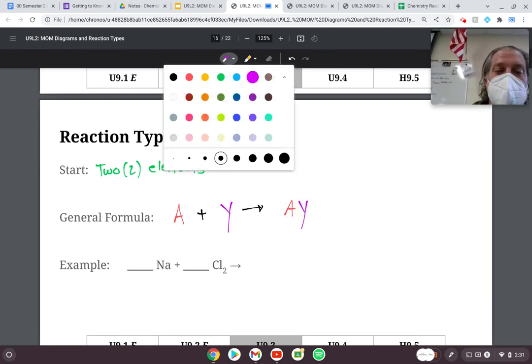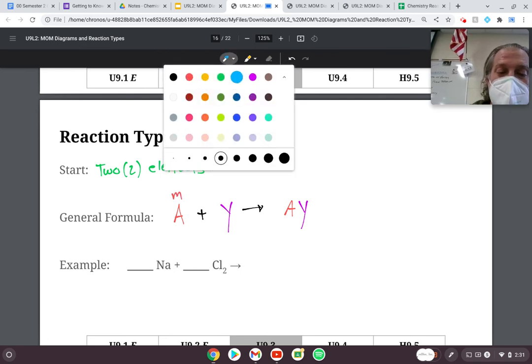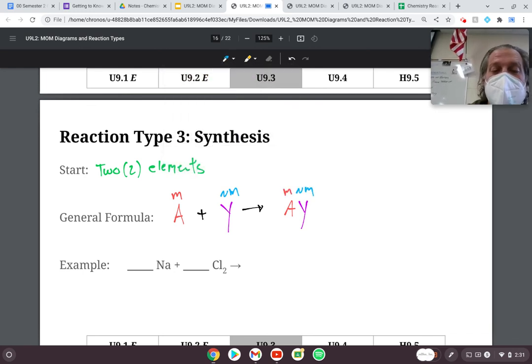And then the other thing I'd like to point out with a lot of these particular, it's not always the case, but at least for the ones that we're going to talk about today, you have a metal pairing up with a nonmetal, and they're going to make a metal and a nonmetal compound.